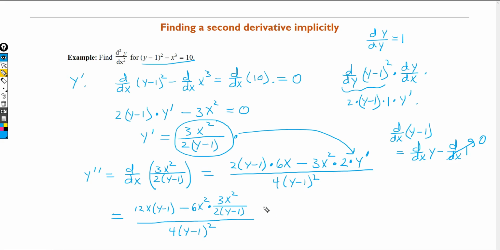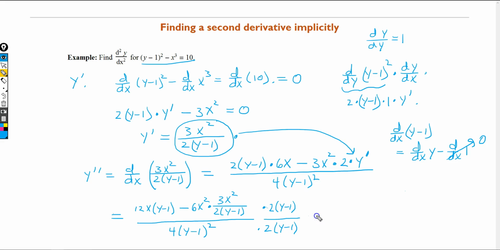If you look up answers in a textbook, you'll oftentimes see it cleaned up. So let's clean this up as follows. We're going to multiply top and bottom by 2 times y minus 1. That'll get rid of this 2 times y minus 1 in the denominator of this fraction.